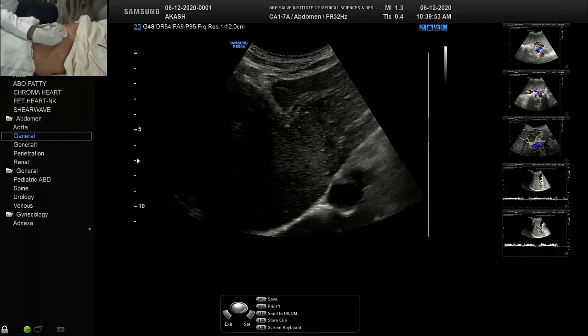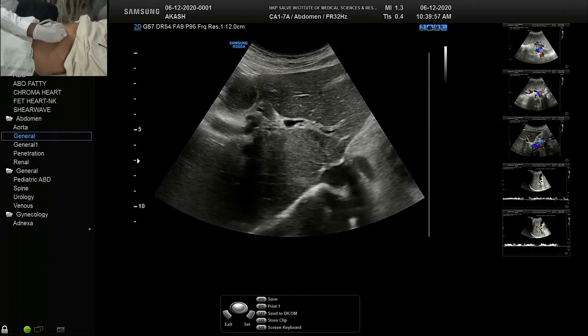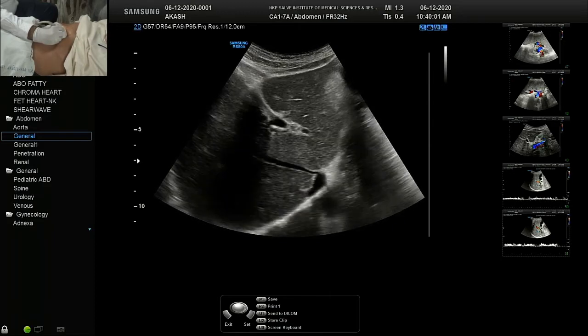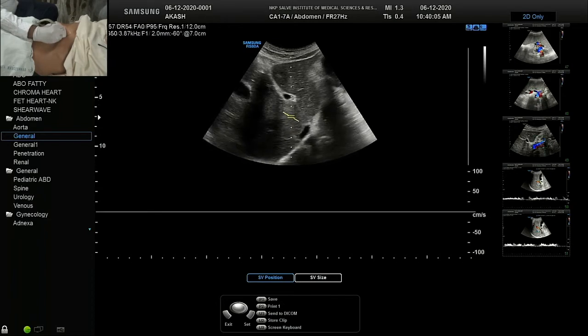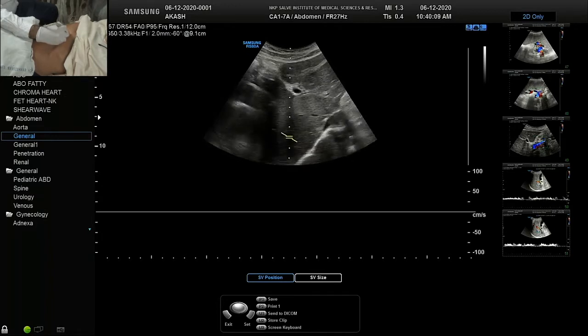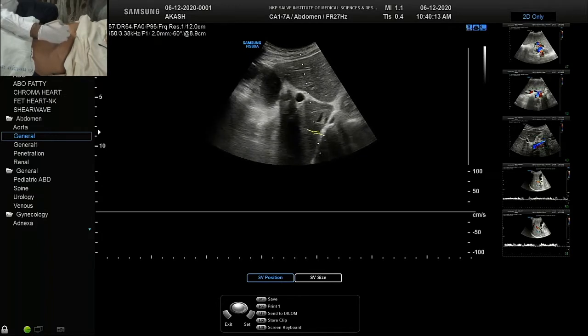Adjust the B mode, try to see. This is our hepatic vein. That is right, hepatic vein here.